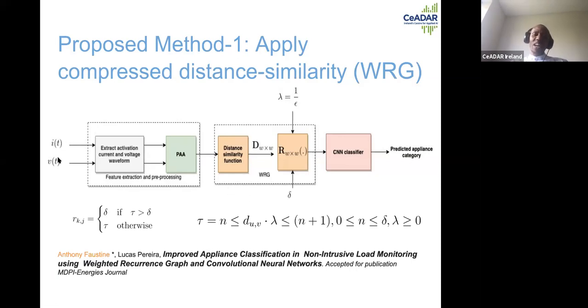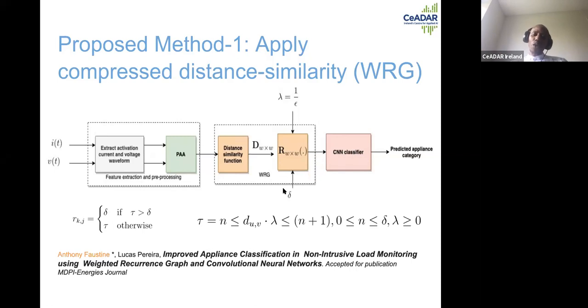Of course, you extract current and voltage, and then once you have current and voltage, we apply piecewise aggregate approximation to reduce the dimension, and then of course you find distance similarities of these two, current and voltage, and then you apply this compression where you reduce the distance matrix into a low representation, into a certain range of values, but not having only 0 and 1, and then you apply this to a CNN classifier.